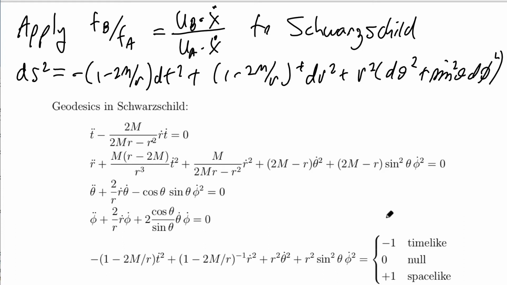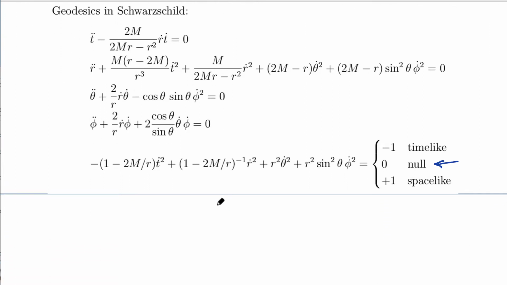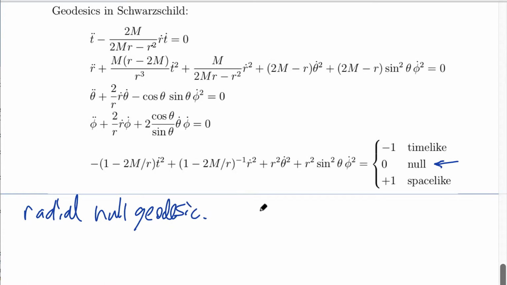Because we're considering a null geodesic, the norm of the tangent vector is 0. And furthermore, let's consider the photon to move along a radial direction. So we want to find a radial null geodesic. And by radial, I mean a geodesic that moves along some theta equal constant, phi equal constant world line.